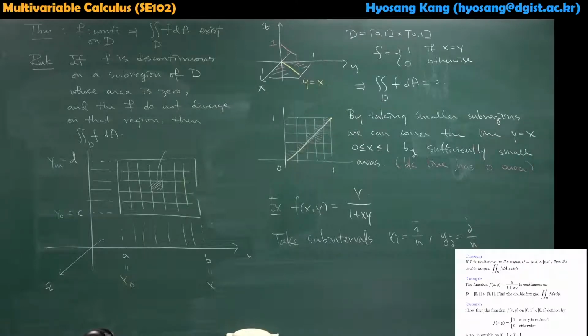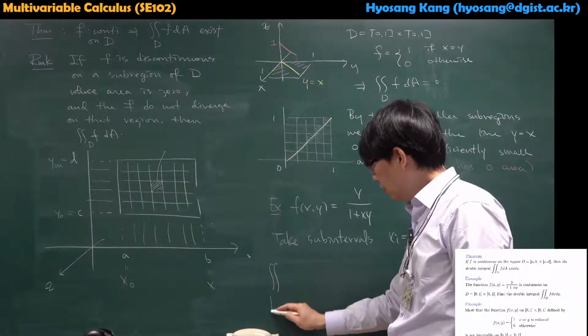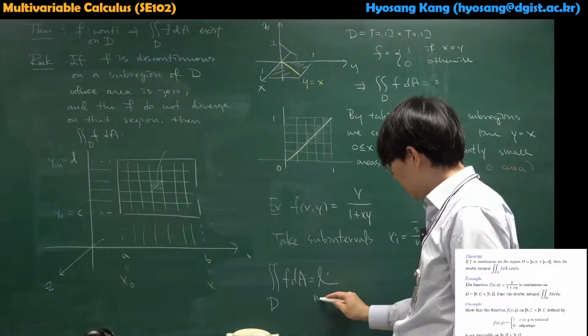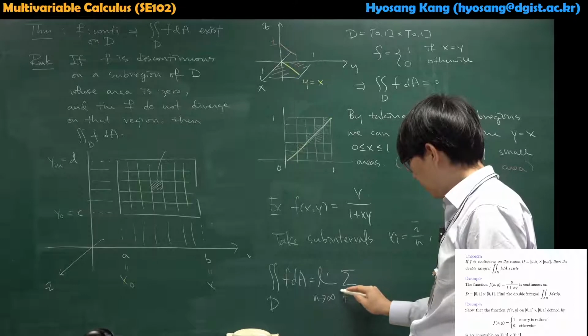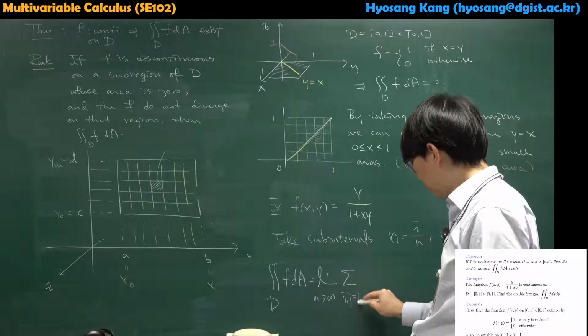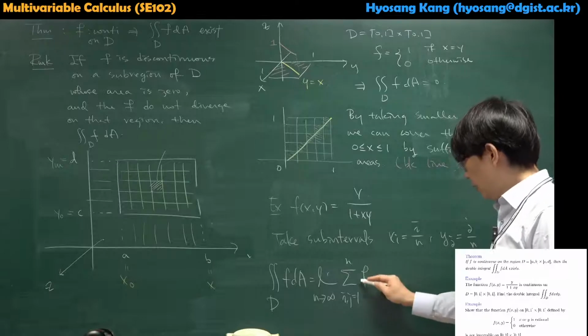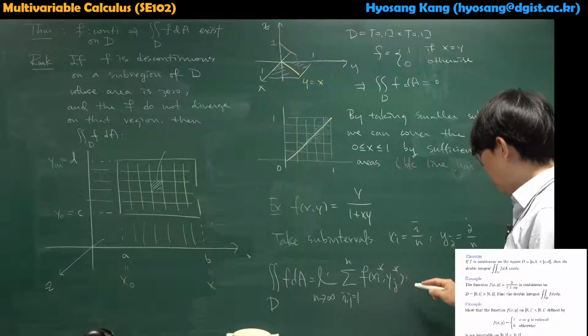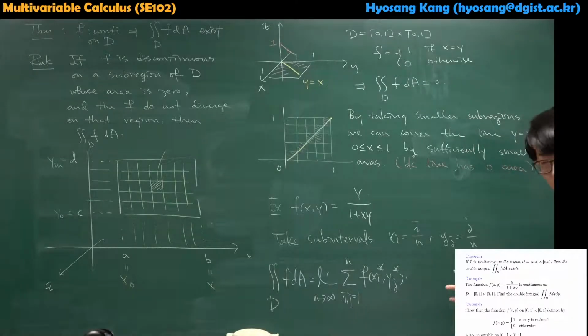I'm going to take the same number of subintervals for the x and y axes. It doesn't matter, n and m are independent, so I can make them equal. The double integral on this rectangular region is defined to be, when n goes to infinity, the sum where i and j both run from 1 to n of the function value f(xi star, yj star) times the width and height of these subregions, which is 1 over n and 1 over n.